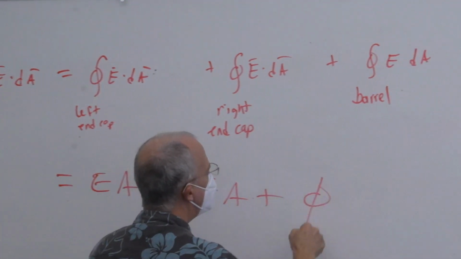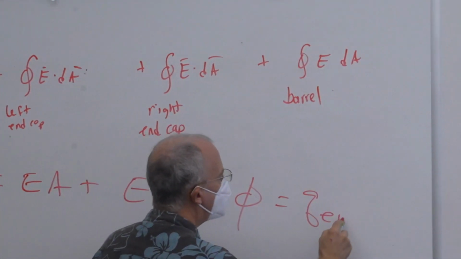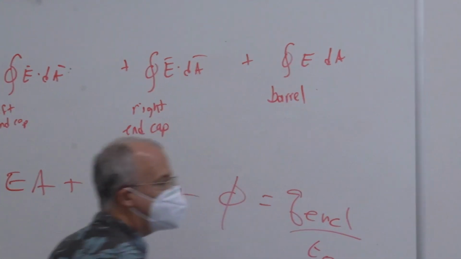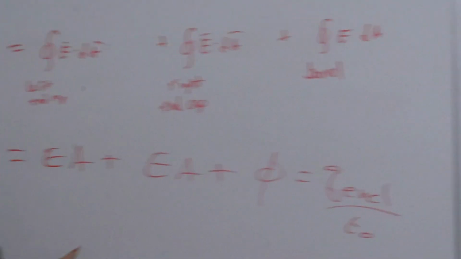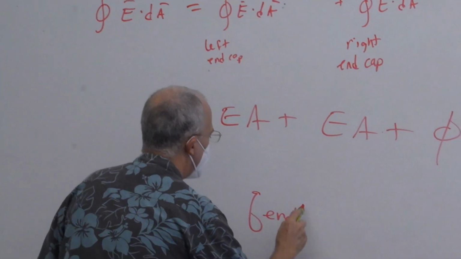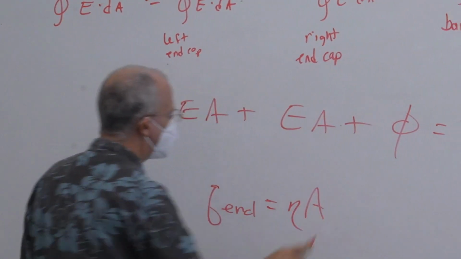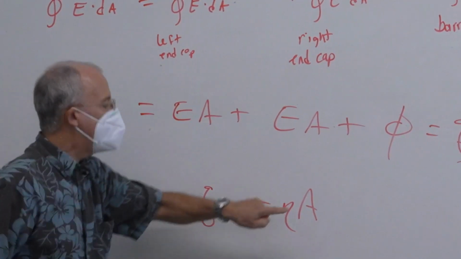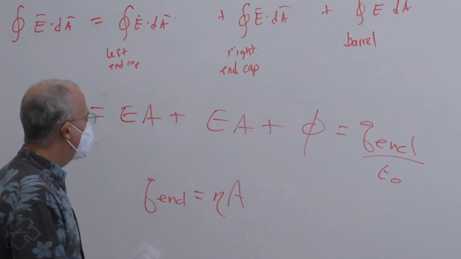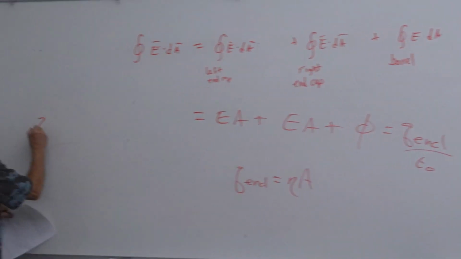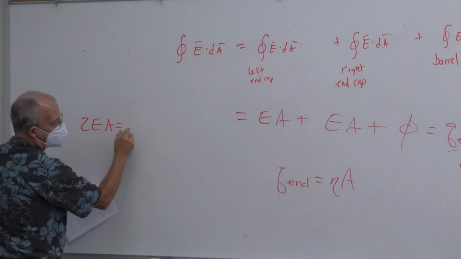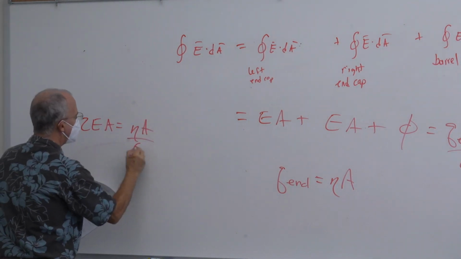On the barrel, it's 0. So then we just have to get Q enclosed over epsilon 0, and everybody realized that Q enclosed was just eta A, charge per area times area. Okay, so we had 2EA equals eta A over epsilon 0.